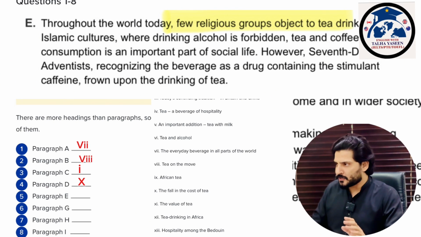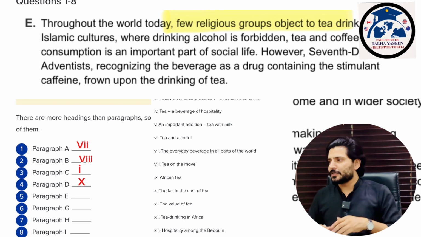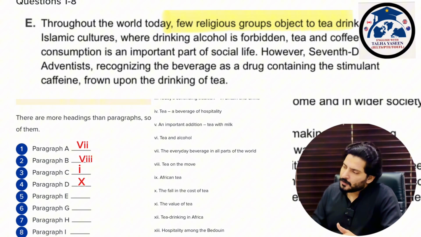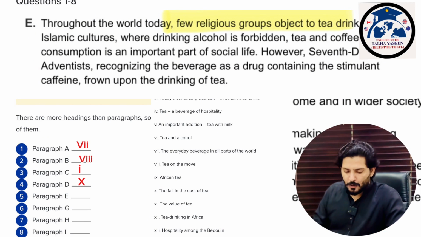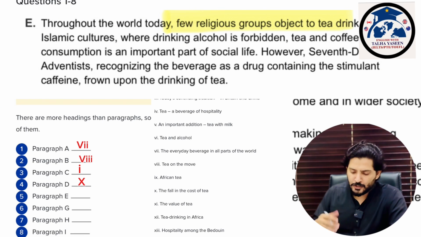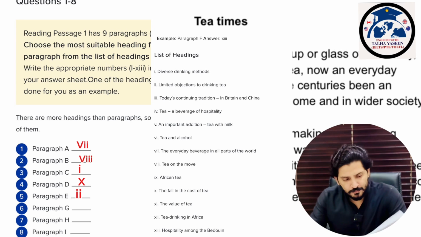If any heading contains objections, that will be our answer. If more than one heading contains objections, then we will further read the passage. If there is only one heading that contains objections, then we won't need to read the whole passage. Limited objections to tea drinking. We will write 2 in front of para E.